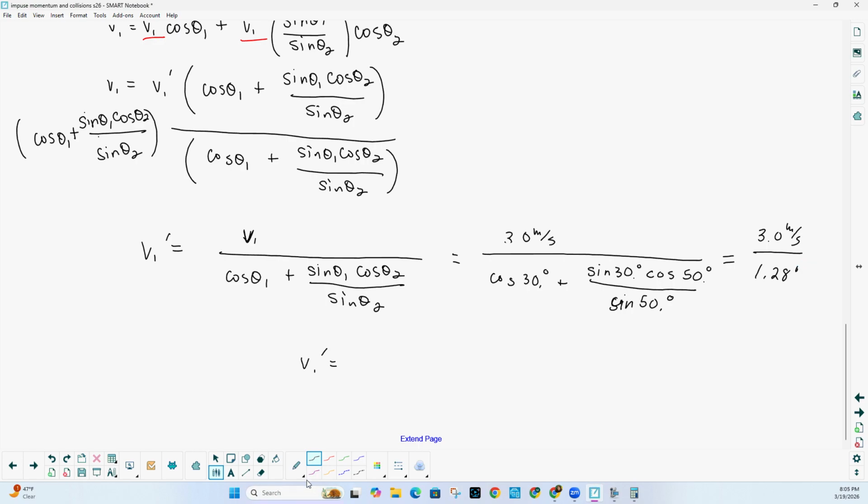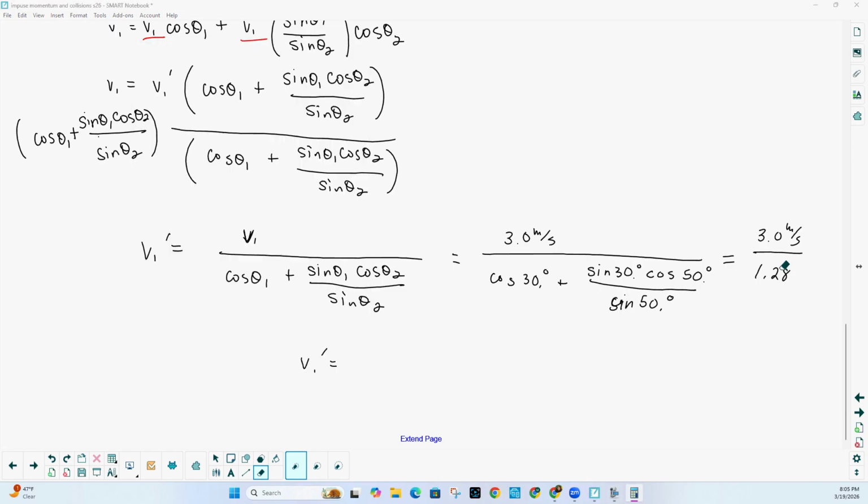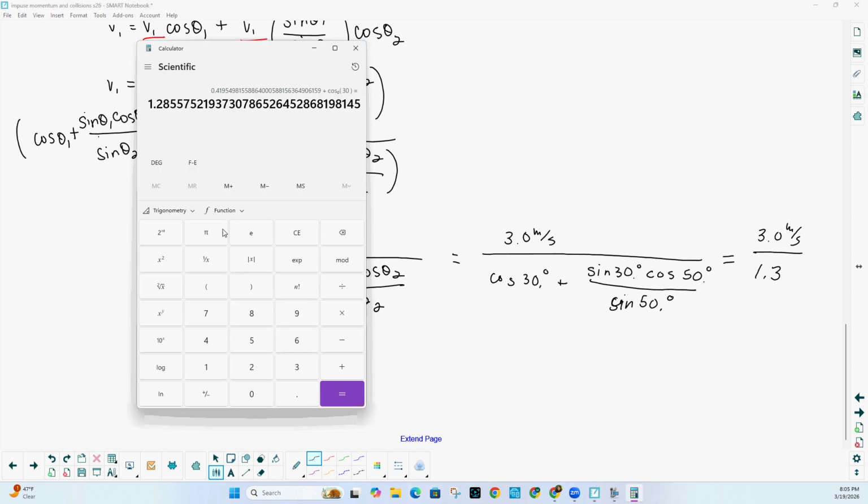I'm sorry, I made a mistake on the number of sig figs. We're going to make this 1.3. Okay, so what I'm going to do is invert this and then multiply by 3.